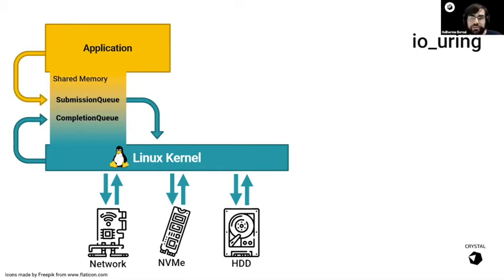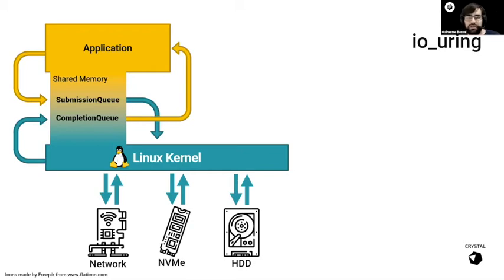And now the application can read from the completion queue and obtain this completion information and do anything it wants. It will probably correlate with the request it sent and do whatever the application does. And this is all memory operations. This is very, very cheap.